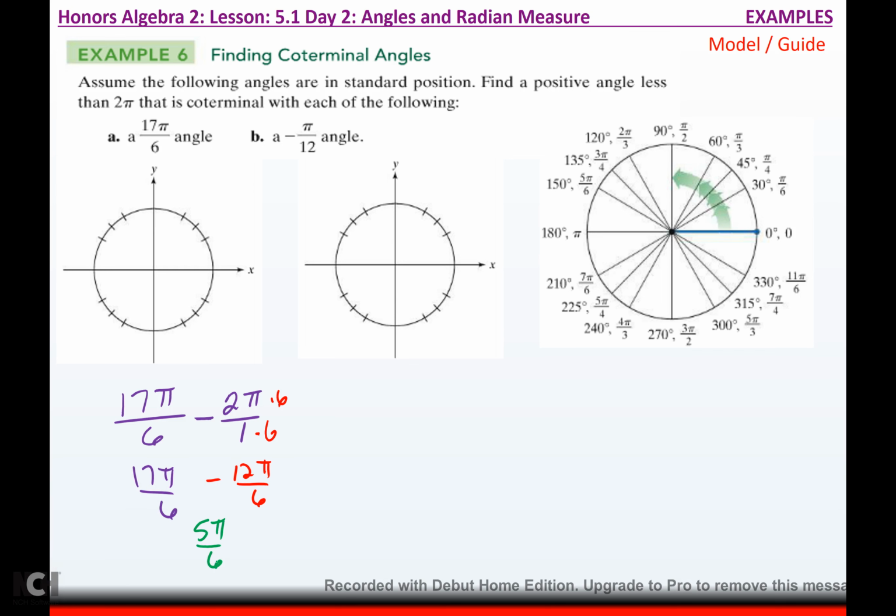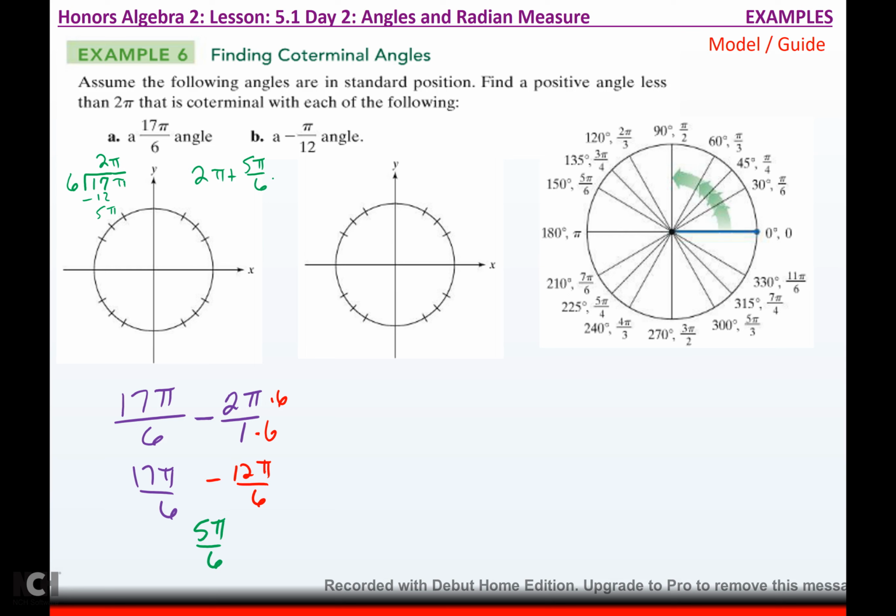So if I graph 17 pi over 6, we'd have to figure out how many times 6 goes into 17 pi's, which would be 2 whole pi's. That would be take away 12, which would leave 5. So you're going to have 2 whole pi's plus another 5 pi over 6.